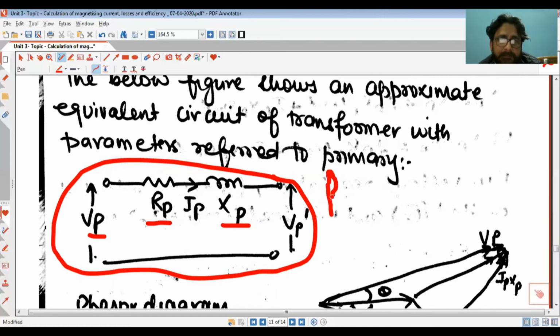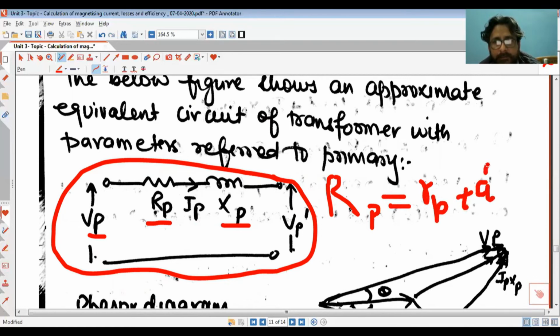Okay, Rp is equal to small rp plus a square small rs. Similarly, Xp is equal to small xp plus a square small xs.